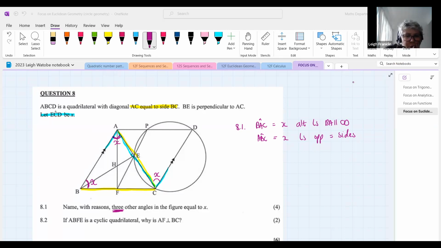So we've got our alternate angle. We've got our angles opposite equal sides. We don't have that line parallel. That angle over there.